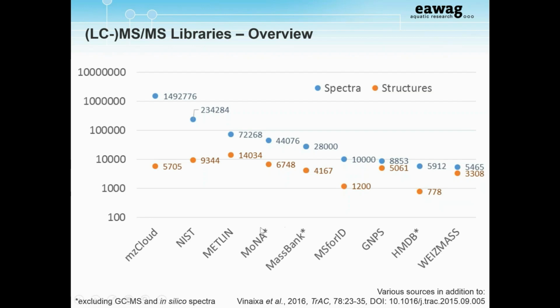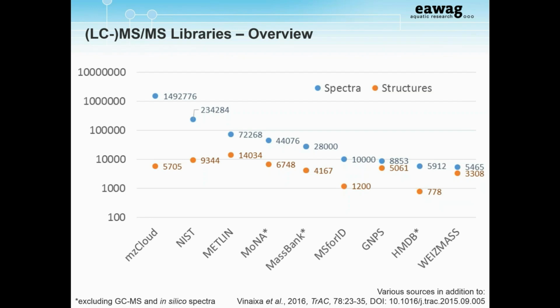What you can also see now is that I have some stars on some of the databases. MONA, MassBank and HMDB are mixed collections, and on this graph I have tried to represent the LC MSMS spectra. MONA, well, all of them actually have a lot more spectra. I've tried to do the fairest comparison possible. Please do not take these numbers as complete gospel.